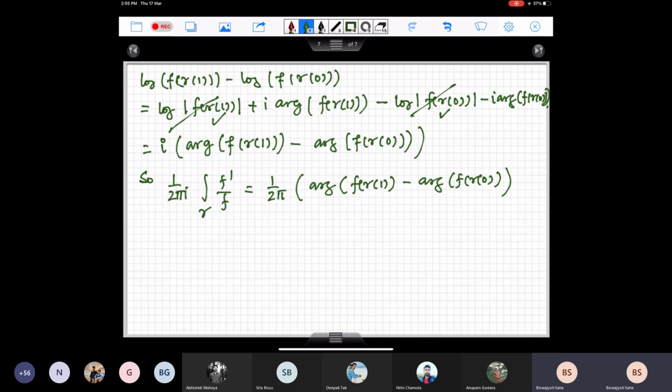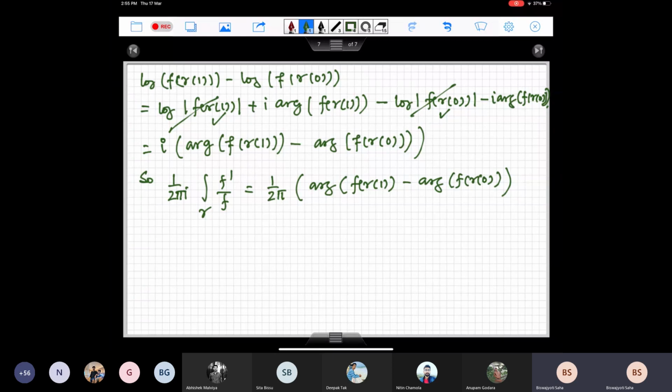By the argument principle, this integer is Z minus P, where Z is the number of zeros counted with multiplicity and P is the number of poles counted with multiplicity. So this integral, 1 upon 2 pi i of f prime upon f, which is given by Z minus P by the argument principle, actually captures the difference of the argument of f of gamma 1 and f of gamma 0.